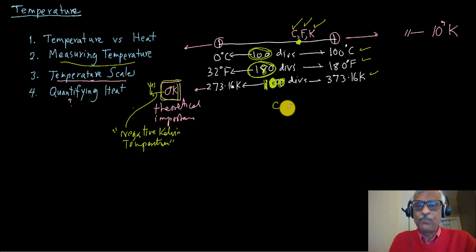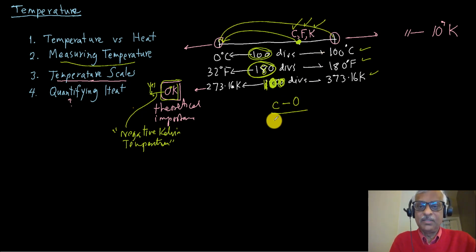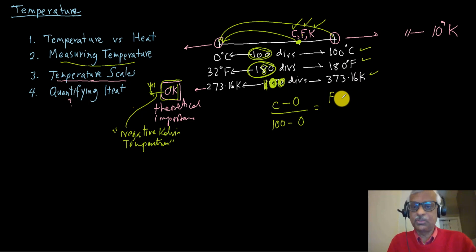So C minus 0 divided by 100 minus 0 must be equal to F minus 32 divided by 212 minus 32. This is the slope, the same line.